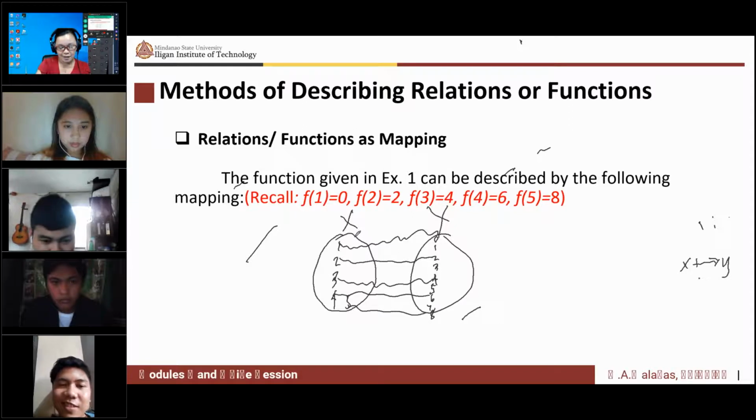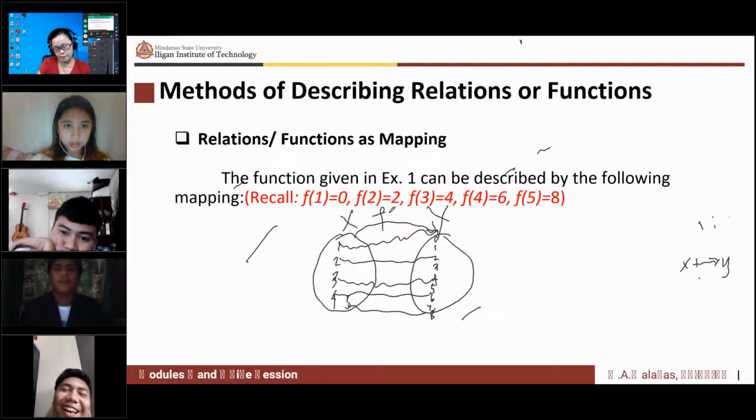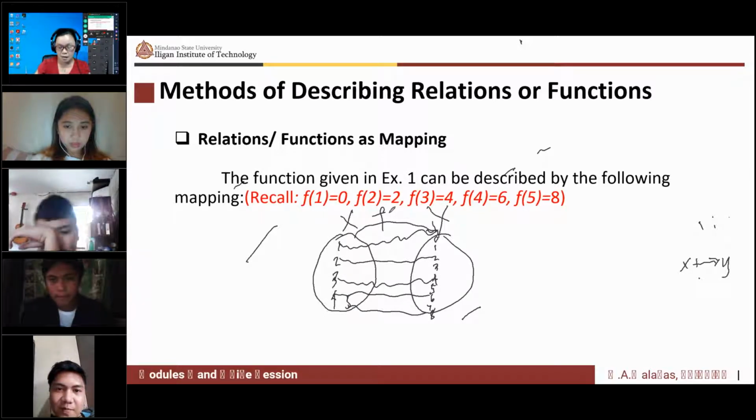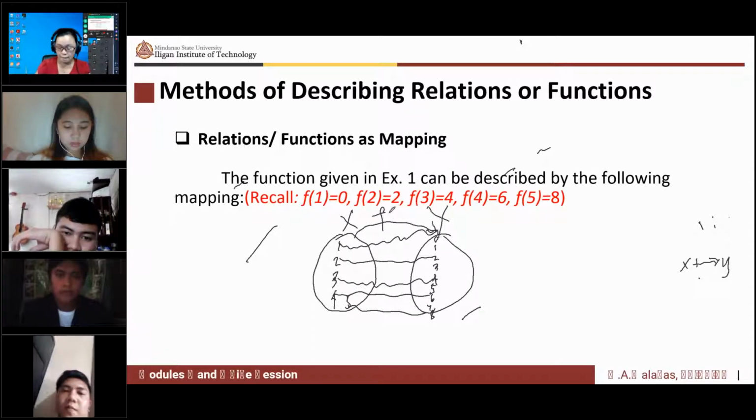So we can represent this as the function f. Usually we write f. So that is a function described as a mapping. But this is just convenient for sets which are small in cardinality.